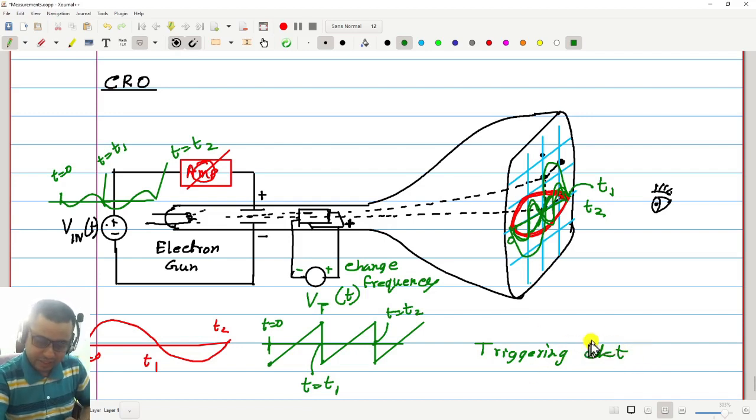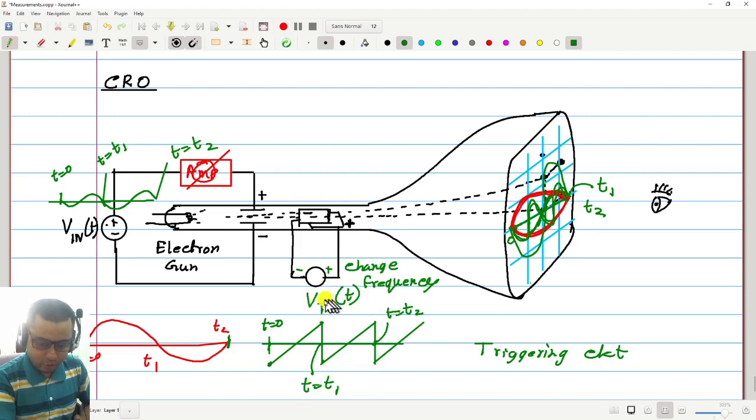Basically, it looks at this input waveform and checks the points where this voltage crosses zero, like here, then here, and from this it measures the frequency of the input, and thereby automatically adjusts the frequency of this horizontal voltage.